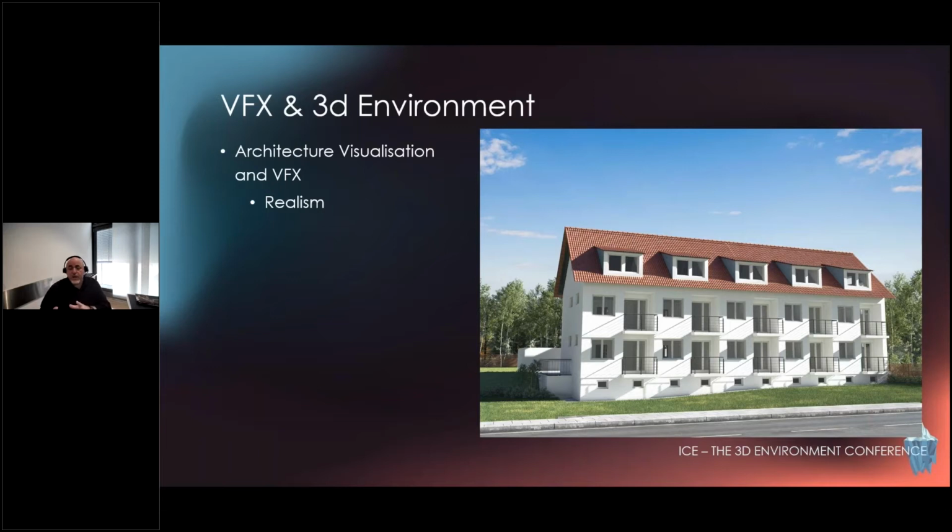And what do we have here as a visual effects? Of course, we have almost everything is CG except the sky. The sky is a picture that we took and then we put it on the background, or the artist that did it put it on the background.